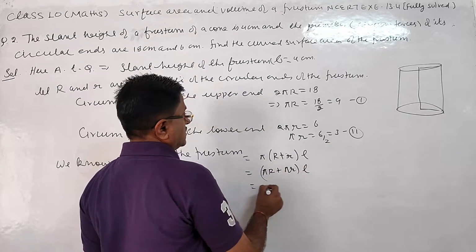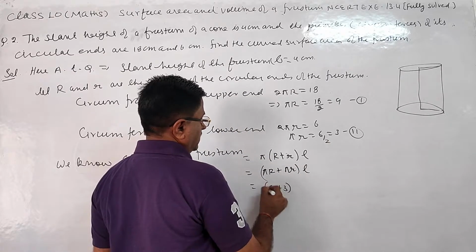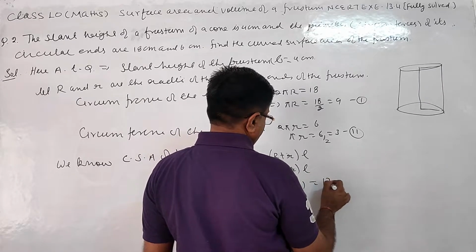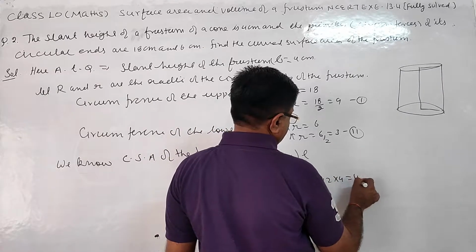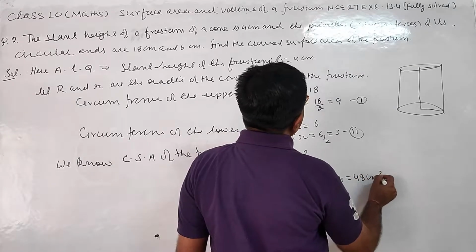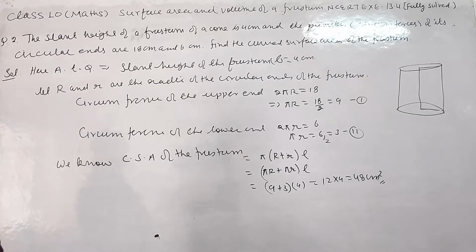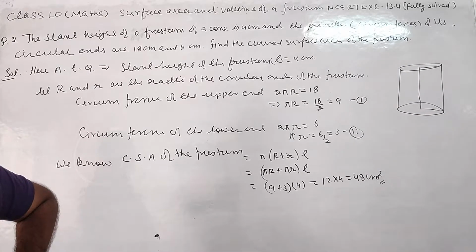So this is 9 plus 3 into L. L is given as 4. So 12 into 4. So we get the curved surface area of the frustum equal to 48 centimeter square.